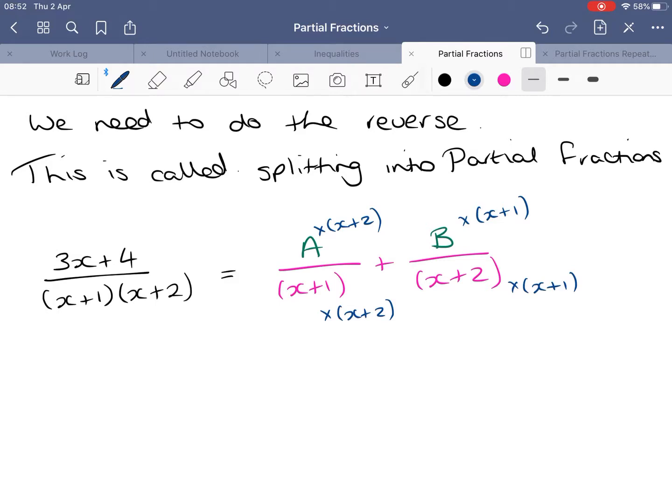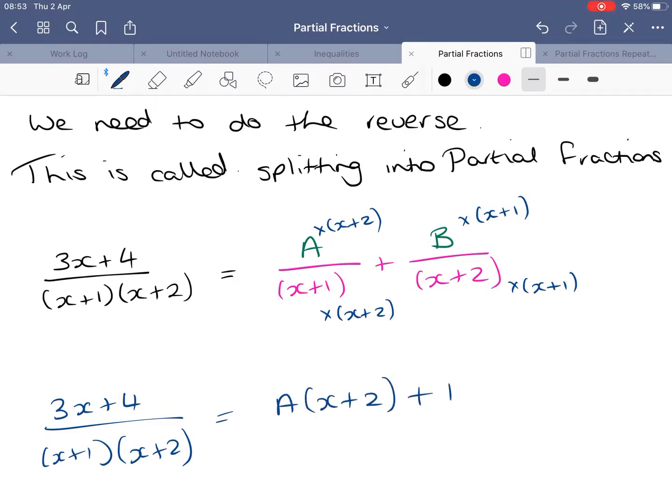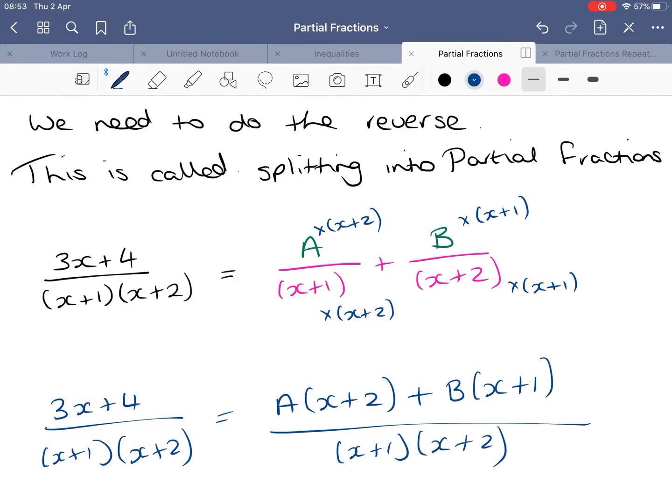And then I can write 3x plus 4 over x plus 1 times x plus 2 is exactly the same as A times x plus 2 plus B times x plus 1 all over x plus 1 multiplied by x plus 2.